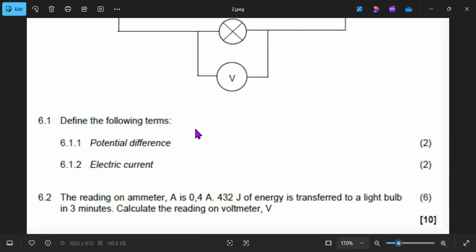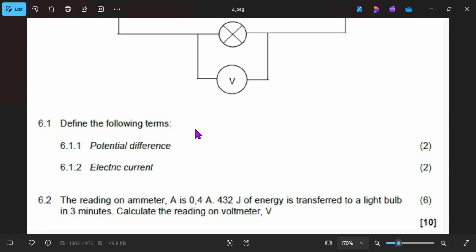Well, that's what they say. Now, with regards to the energy, as far as grade 10 is concerned, there is only one formula that has to do with energy. It's the one that says V equals W divided by Q. So W is the energy, or the work done.